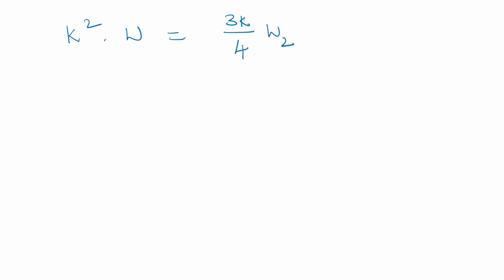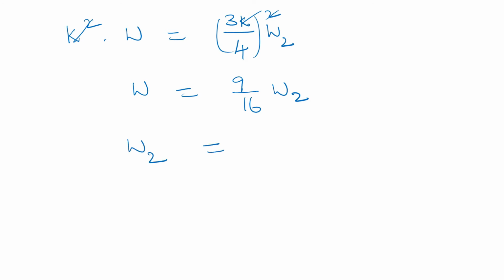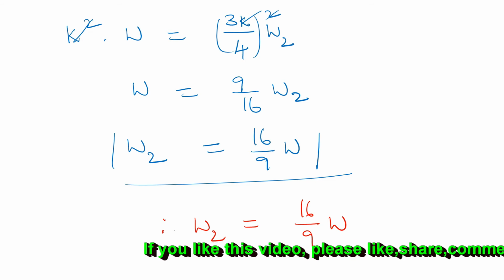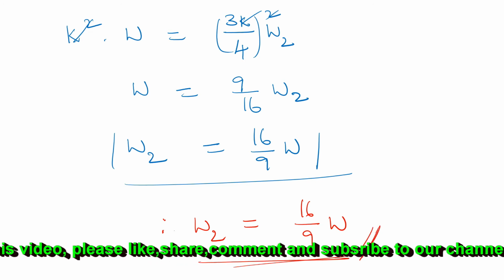Now k square gets cancelled. Now omega is equal to 9 by 16 omega 2. So from this we write omega 2 is equal to 16 by 9 omega. This is the final answer. So the final angular velocity omega 2 is equal to 16 by 9 omega.